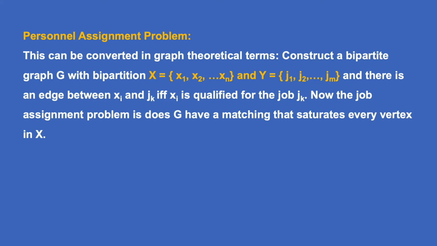Construct a bipartite graph G with bipartition X equal to the set consisting of x1, x2, etc., xn, and Y a set consisting of jobs j1, j2, etc., jm, and there is an edge between xi and jk if and only if xi is qualified for the job jk. Now, the job assignment problem is: does G have a matching that saturates every vertex in X?